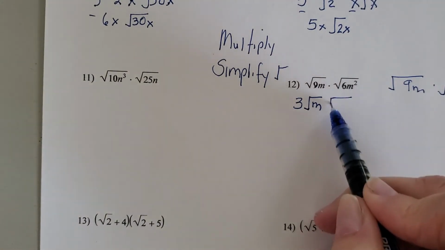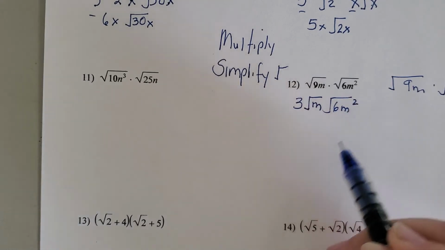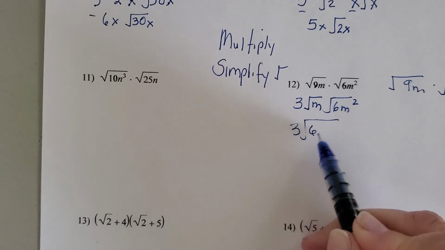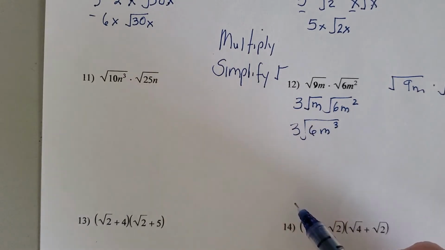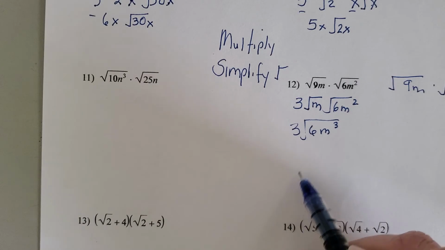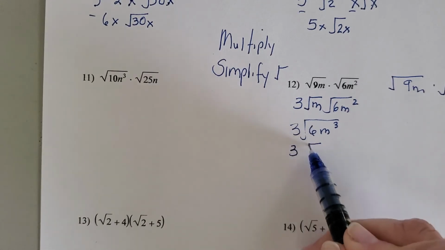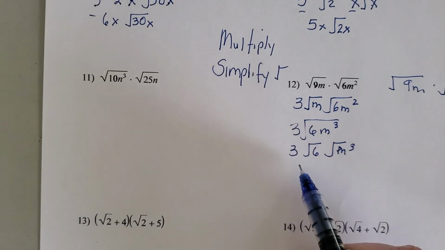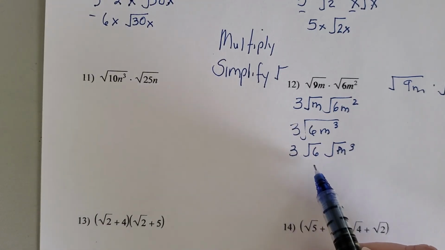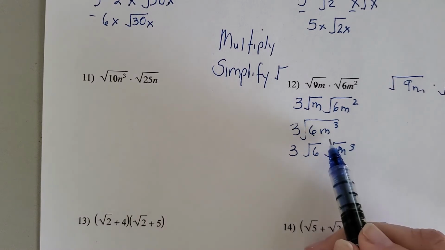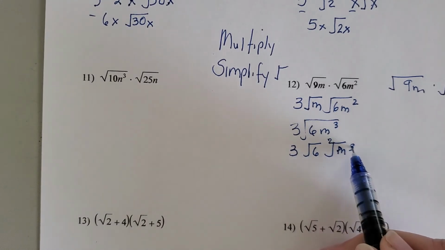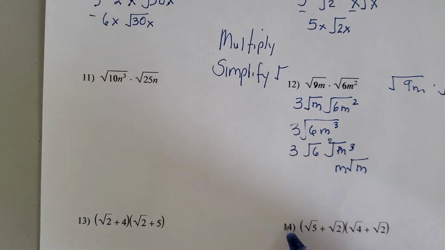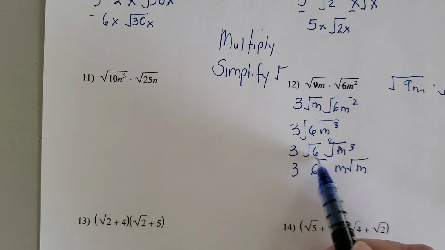And then we would have 6m squared. So when we multiply what's in the radical, we get 6m to the third. 6 we can't do anything with. Maybe I'll split this into 2 parts just so it's more obvious. Okay, can't do anything with the square root of 6. M to the third, if we use our shortcut, we'd say 2 goes into 3 one time with 1 left over. So now this is what we have.